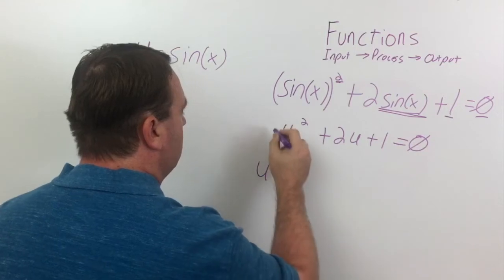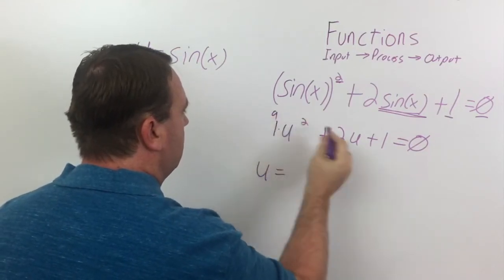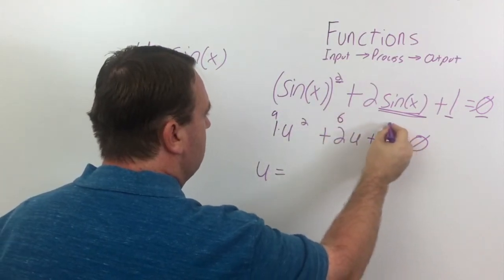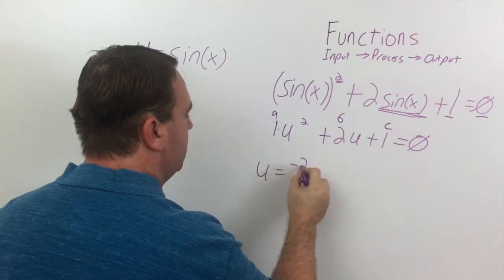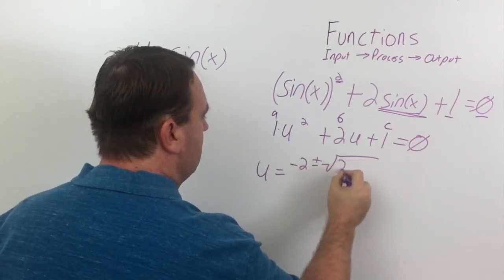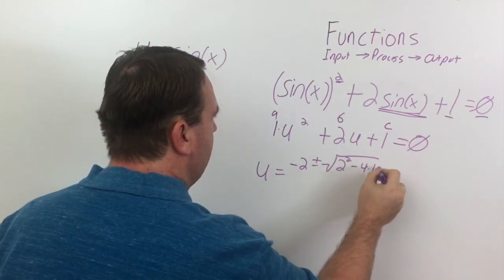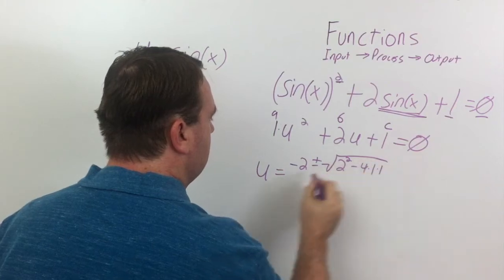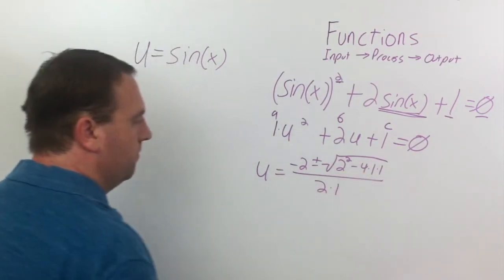So if you remember, you put the coefficients, there's an implicit 1 here, a, b, c. So negative b plus or minus the square root of b squared minus 4 times a times c, all over 2a.